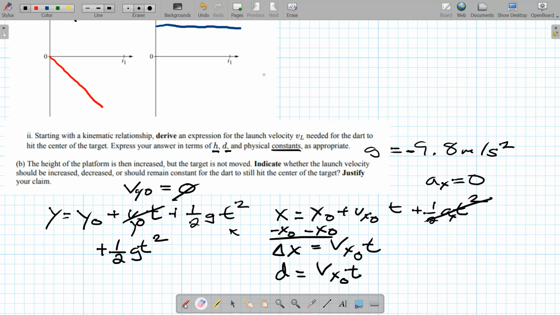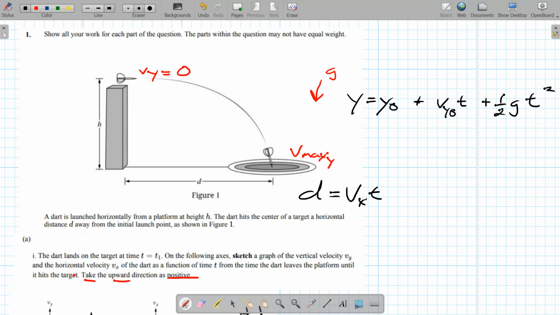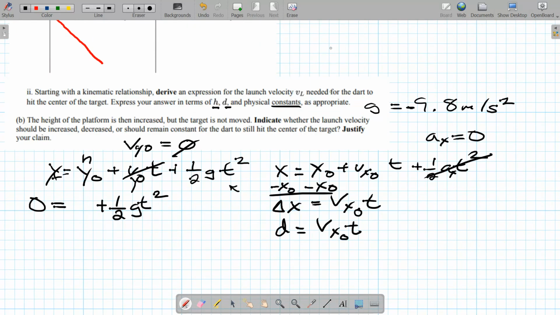So really, this is my y final, right? And y initial is actually h. So y final is actually 0, because that's where it is when it hits the ground, right? Up here when it hits the ground, y final is equal to 0. And then this is h. So we got to write this in terms of h and d, okay?